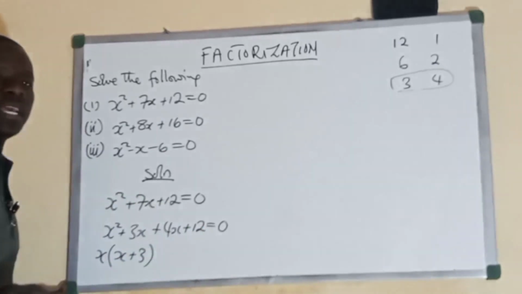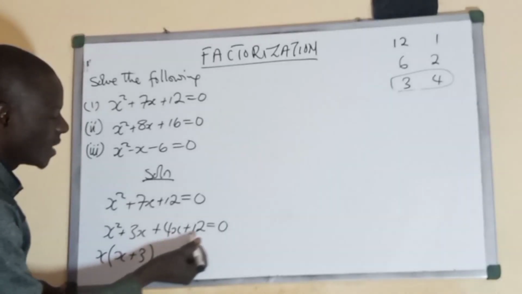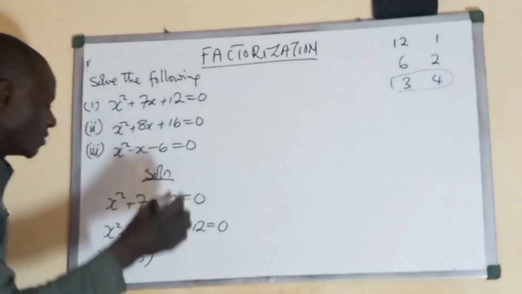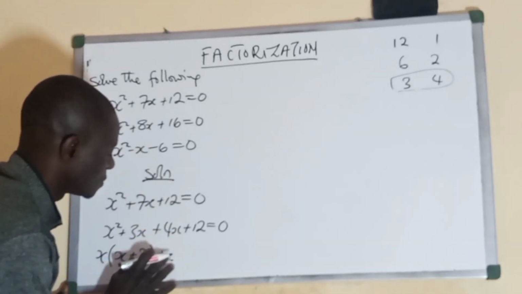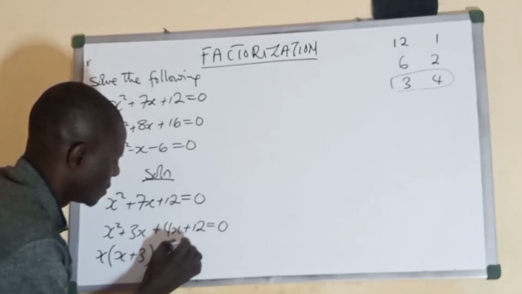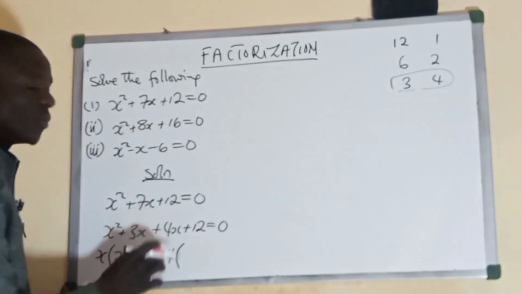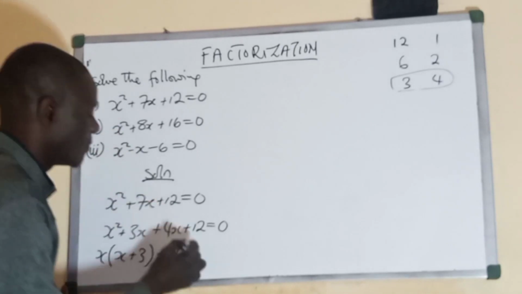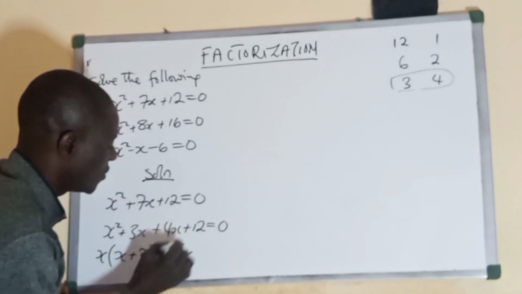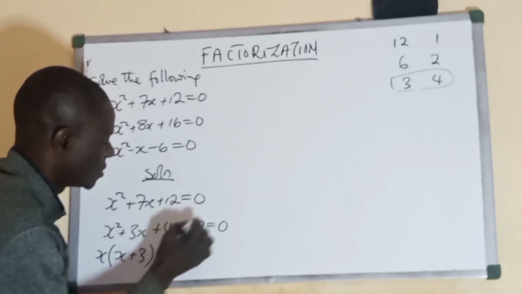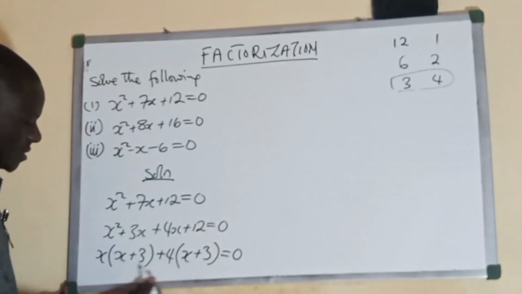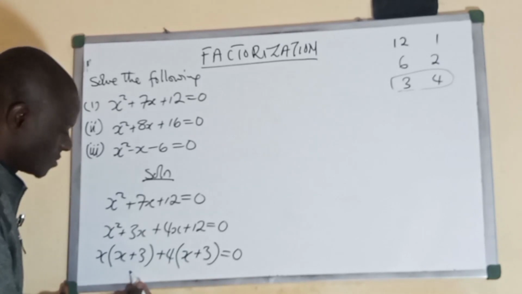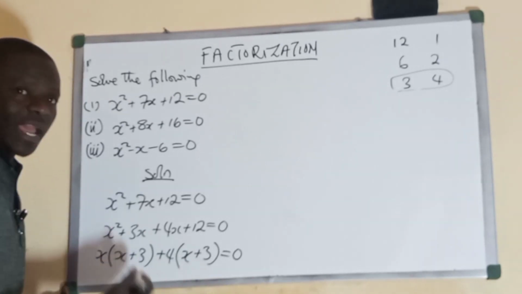Then we look at the next terms, 4x and 12. The common factor here is 4. 4 into 4x goes x times, and 4 into 12 goes 3 times. By looking at this, the same bracket appears, so you know that you are right.